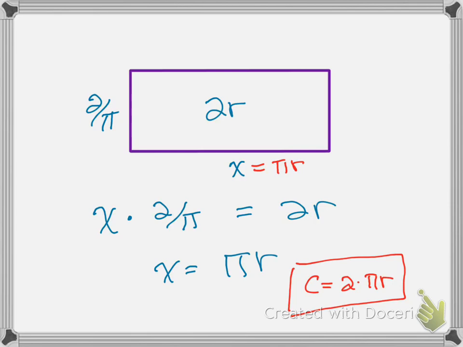Well, notice we just constructed a segment x of length pi r. If you double it, you get 2 pi r, which is the circumference of the circle. Okay, let's get back to our squaring the circle problem.